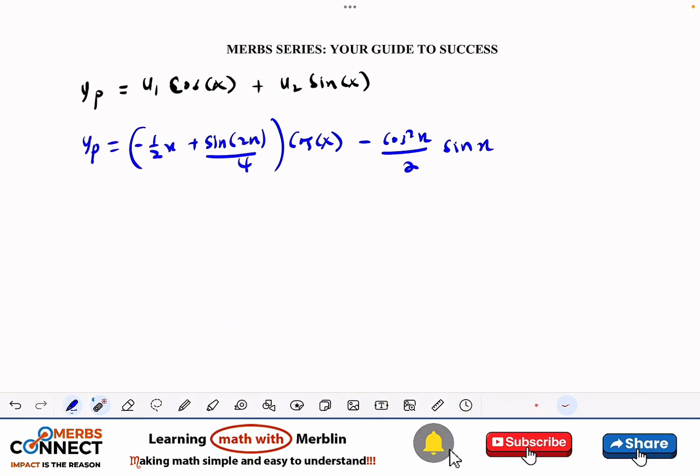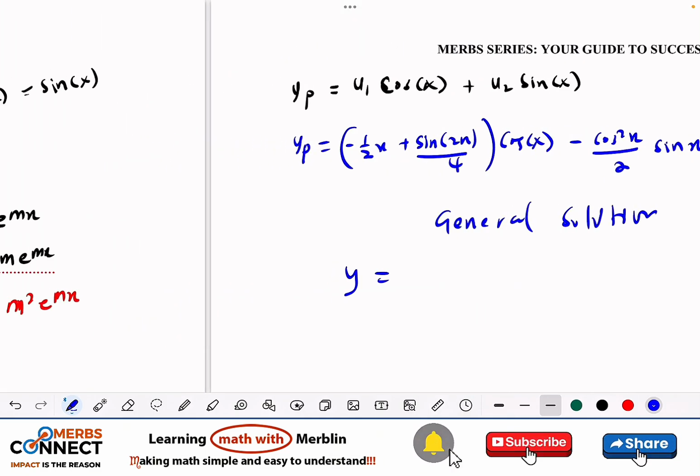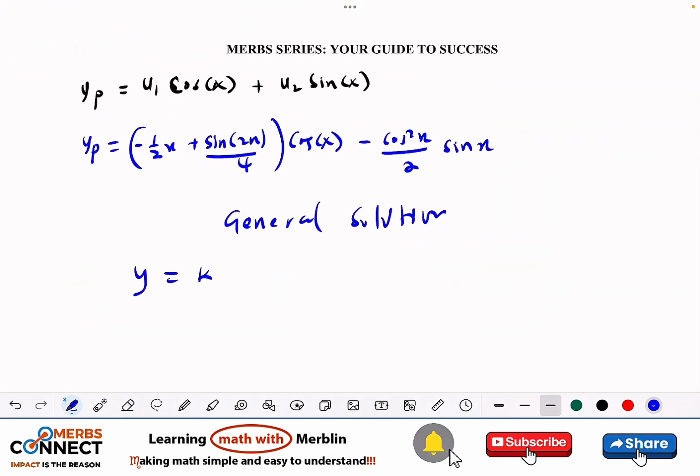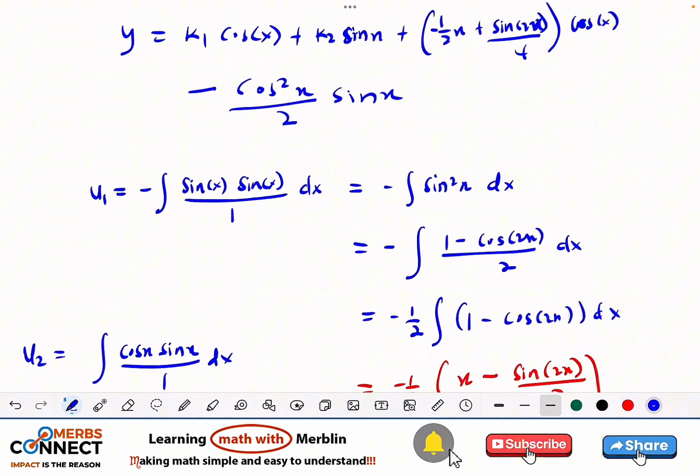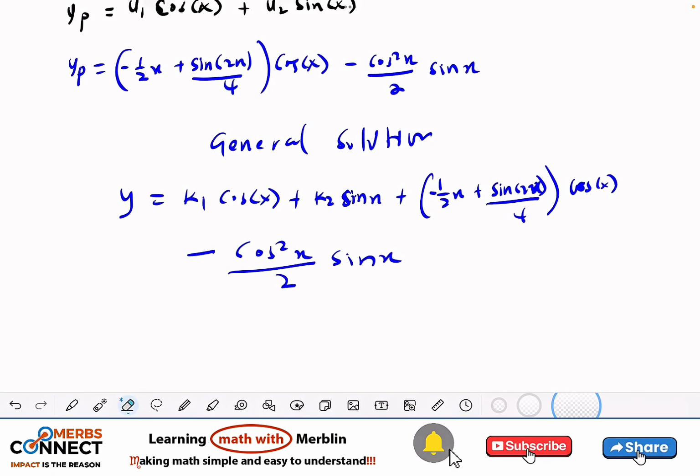The general solution y is equal to, complementary solution is k1 cos x plus k2 sine x, plus minus 1 over 2 x plus sine 2x divided by 4, times cos x, minus cos squared x divided by 2 sine x. So this will be the general solution.